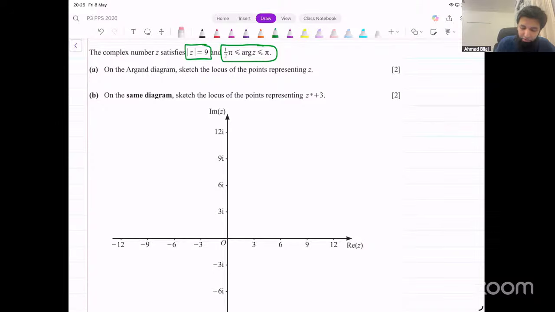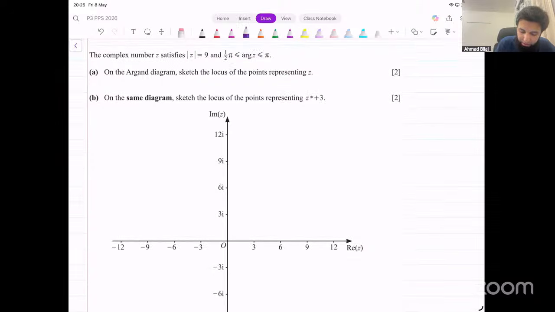What is this locus going to be? It's a circle. Modulus of z can be thought of as z minus 0, right? It's a circle with center 0 and radius 9. Okay, so that's one thing.